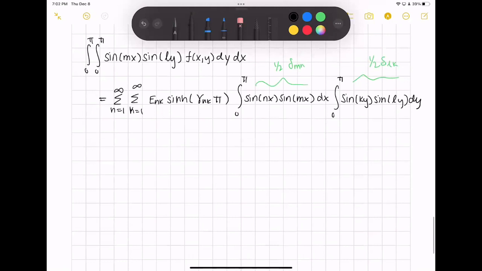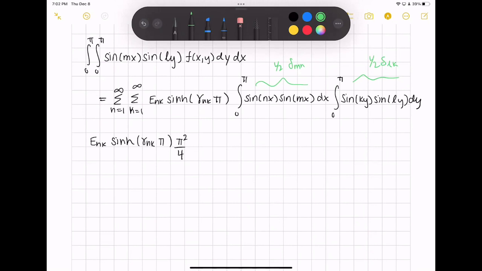Then we can rewrite this. Remember this is L over 2.